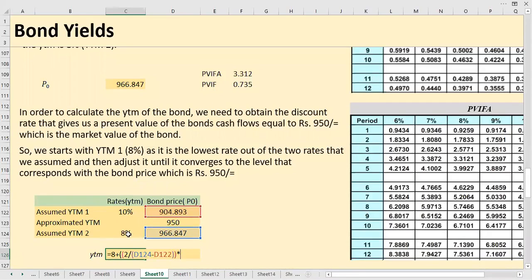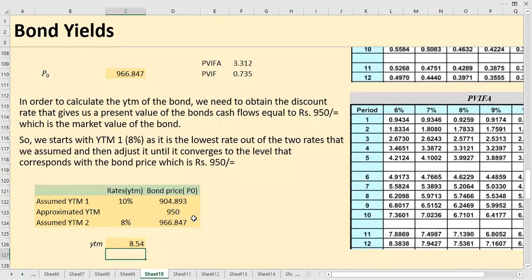When it is 8%, it was 966, so I am going to do 966 minus 950. These two parts give you the value that you should increase from 8% to 950. So when you hit enter, you get this value.